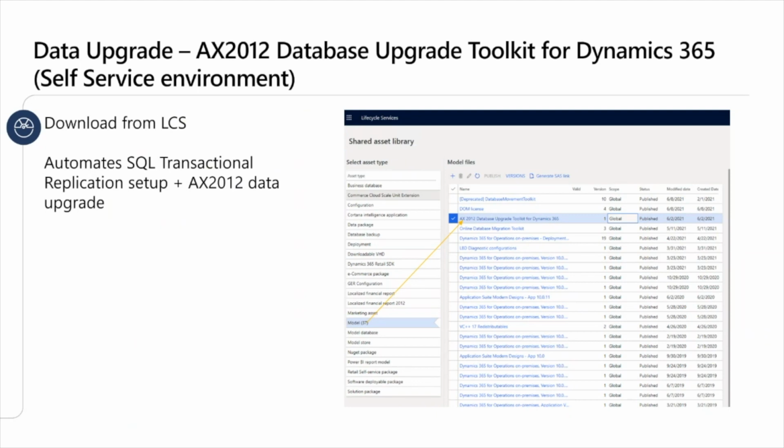You can use this toolkit for your AX2012 data upgrade customer scenarios. It not only automates the SQL transaction replication, but it also provides a new AX2012 data upgrade experience. This console app handles the entire upgrade story. You no longer have to go to LCS and apply the package.